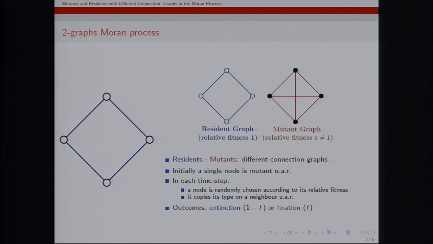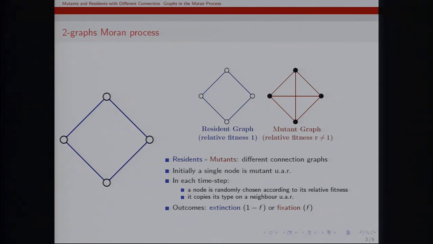We initially have a set of nodes, and a node has one of two types, either a resident or a mutant, and the type determines the reproductive rate of a node, which we call relative fitness, and also the neighbors of the node.